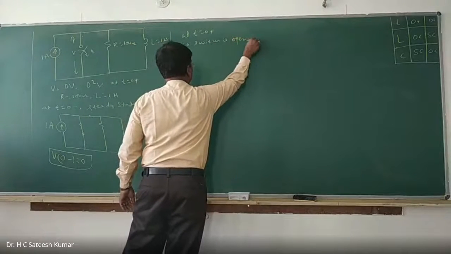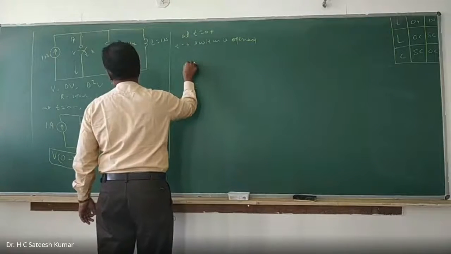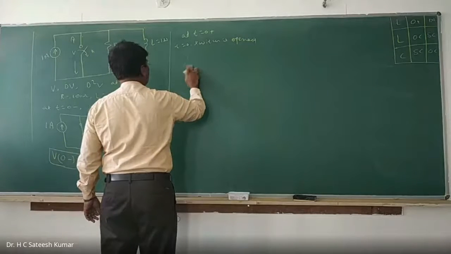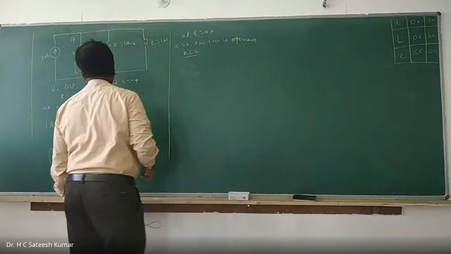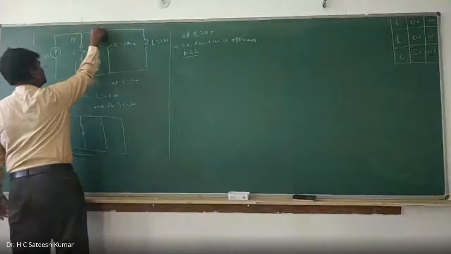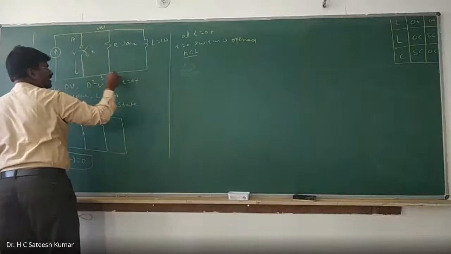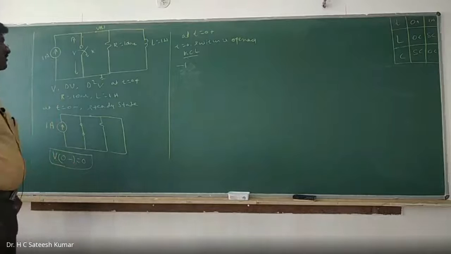When the switch is opened, we apply KCL. In a parallel circuit, you apply KCL. Let us say this is V of t. This is ground. So current is entering, which means minus 1. Apply KCL, nodal analysis.